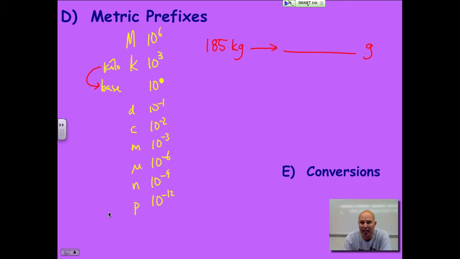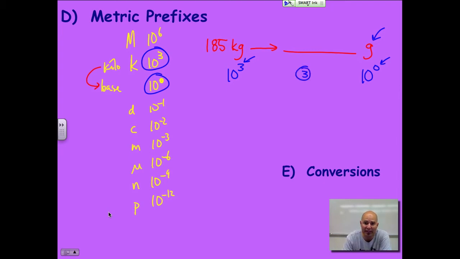Let's think about how I like to go through conversions. A kilo is 10 to the third power. The gram is 10 to the 0 power, that's just the base unit. You then take a look at what the difference between the two exponents is. We have 3 and 0, so that's a 3-place difference.